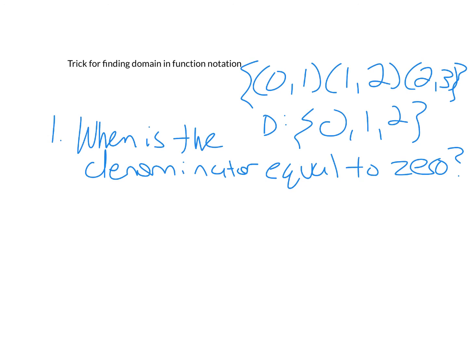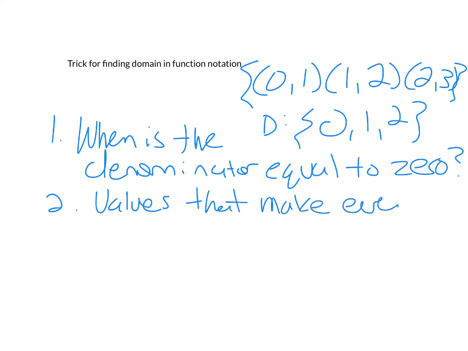You're not going to include them. Two, values that make even roots negative. Because you can't find a square root of a negative number. You can't. Okay? So these two things will make your domain not all real numbers, and these values you will not include in your domain.